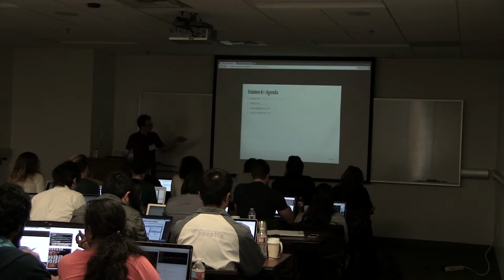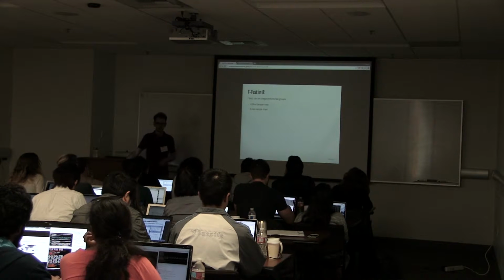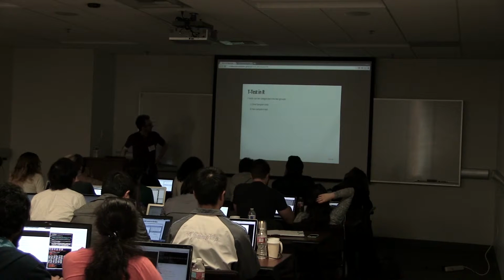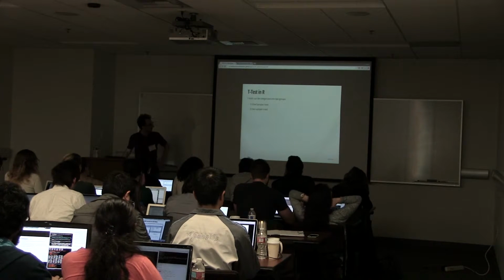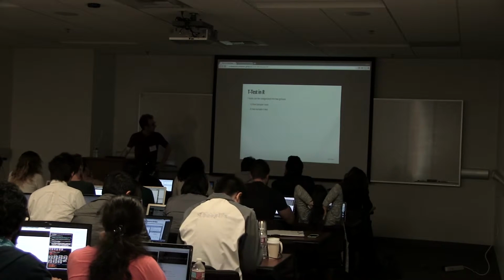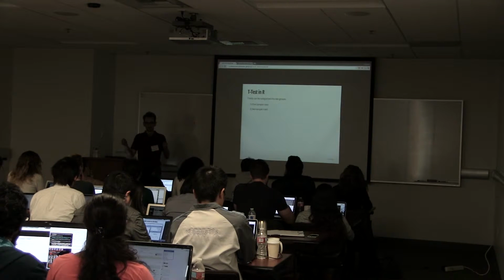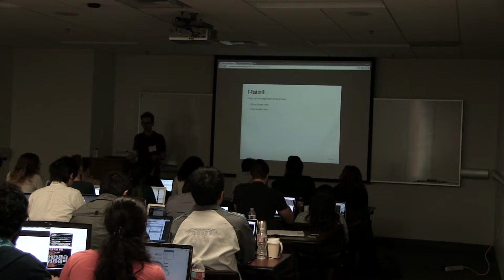R was made by statisticians originally, so it has a lot of statistical modeling functionality built into it, and it comes with a lot of tests. Everybody's favorite test is the t-test, and it can be applied to pretty much everything. There are so many cases where you have two normal populations and you want to know if their means are the same, and so the t-test is very useful in these cases.